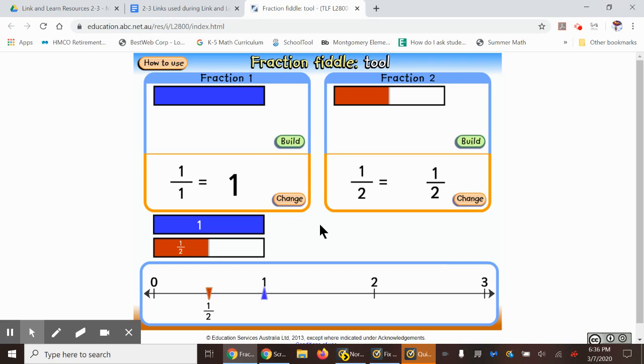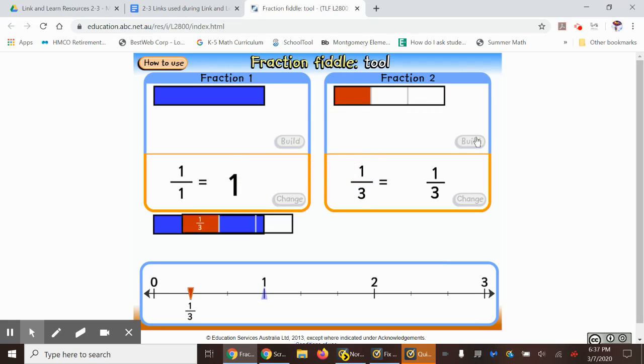Once we finish thinking about things conceptually, and actually let's do a little more of that. So instead of thinking of 1/2, I can go ahead and change my second fraction. And again, I like for a while to be leaving that first fraction at one whole just for comparative sake. I can take a look and say that I want to think about how thirds are different than halves.